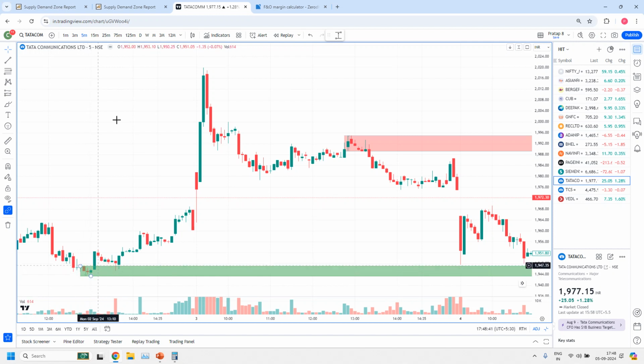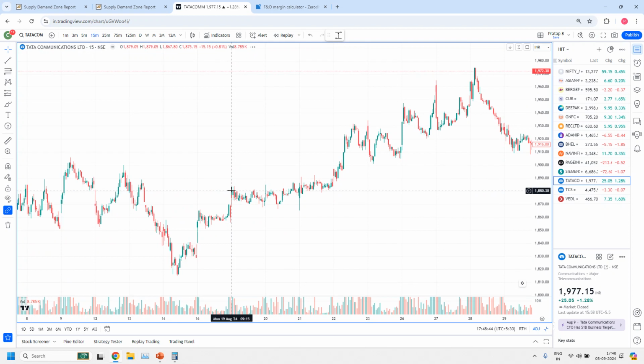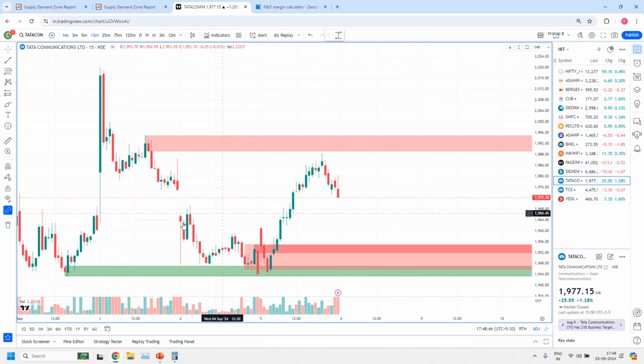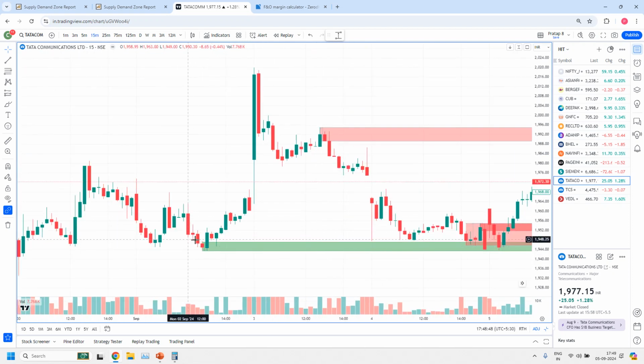See, this is the 5-minute zone. If you go to the 15-minute chart, you will see only one base candle. Drop, base, rally.